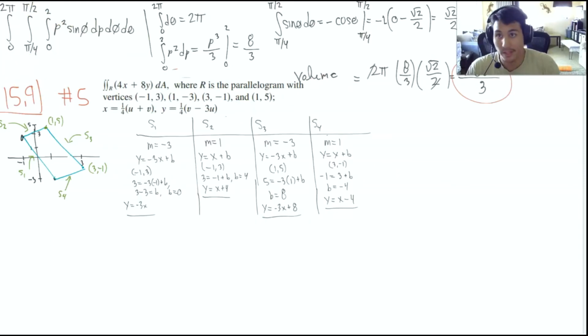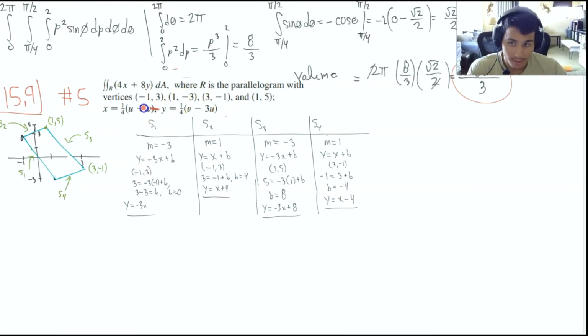Okay, now here's the fun part, right? We got to use this and plug them into all of these. Because look at this. This is the equation of x, u, and v. You can't use that to find an equation of u and v.